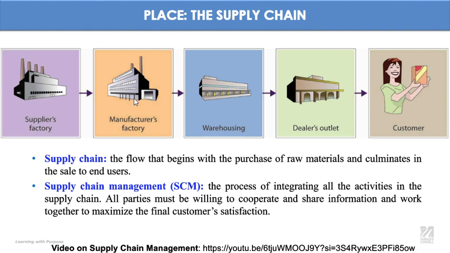It may look like this. Maybe we don't have a warehouse. Maybe we will go direct to the retailer or the outlet. Maybe we don't have anything in between, and from the supplier we are selling directly to the customer. So everything needs to be decided depending on what we are doing and how we are doing it.